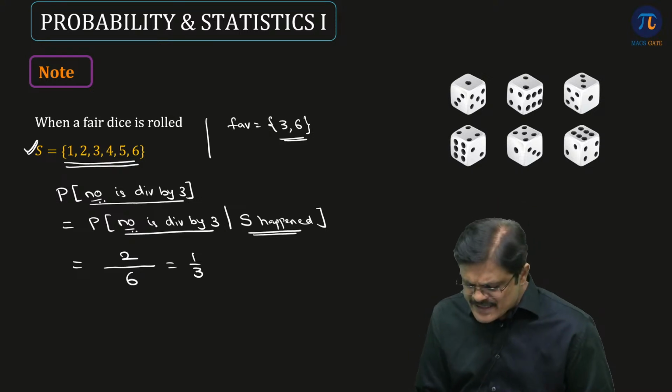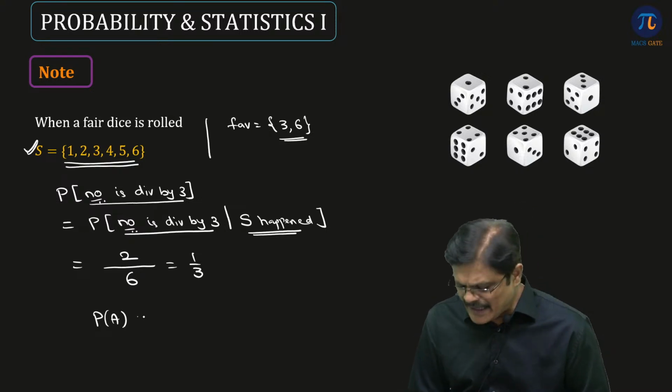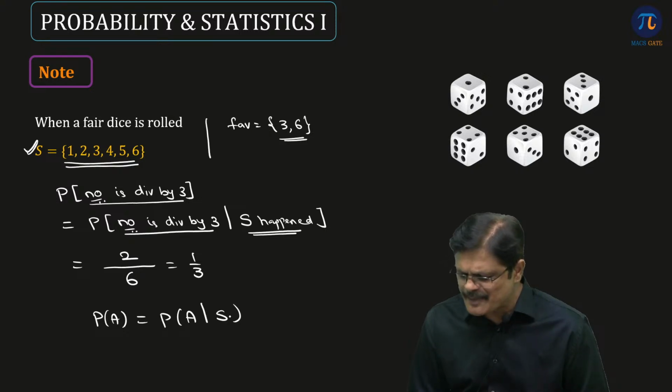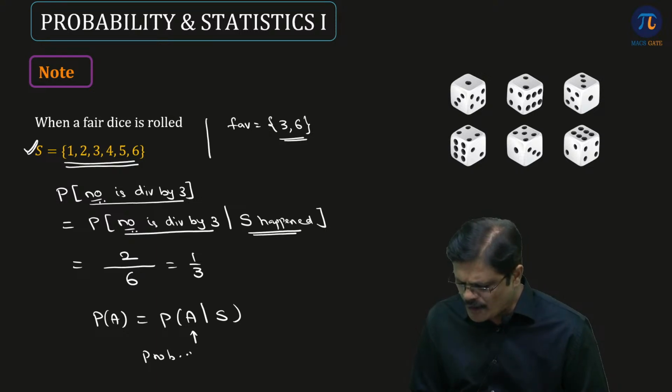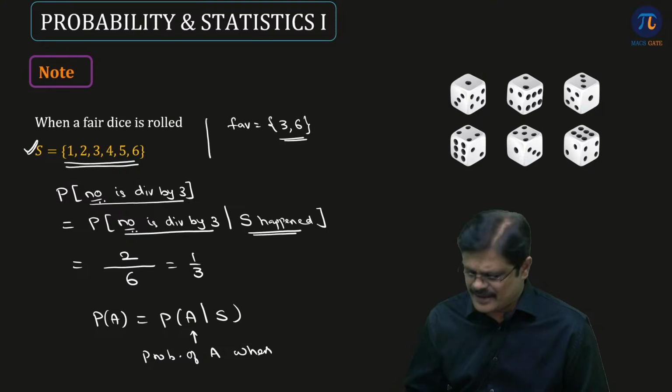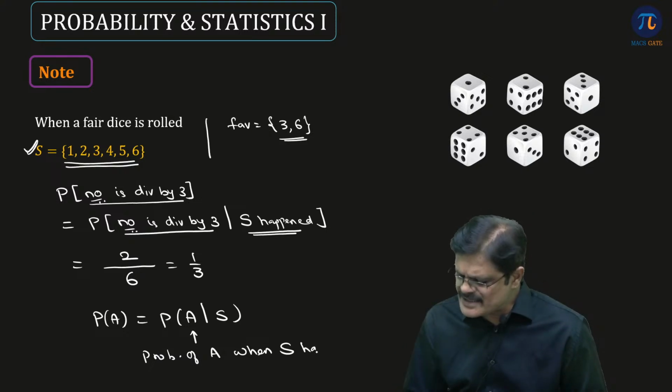So the idea is whenever you say probability of any event, the inner meaning is probability of the event when the sample space happened. You read it as probability of A given the sample space happened.